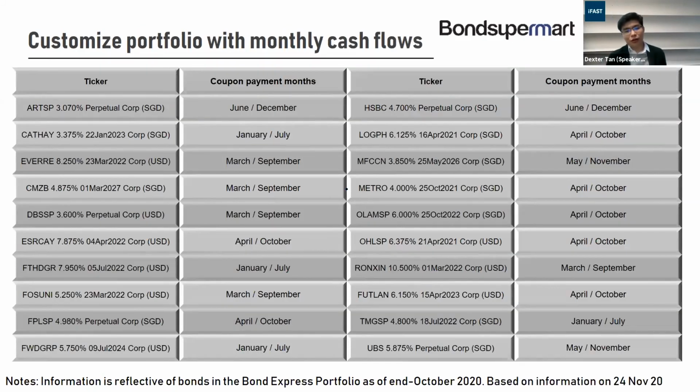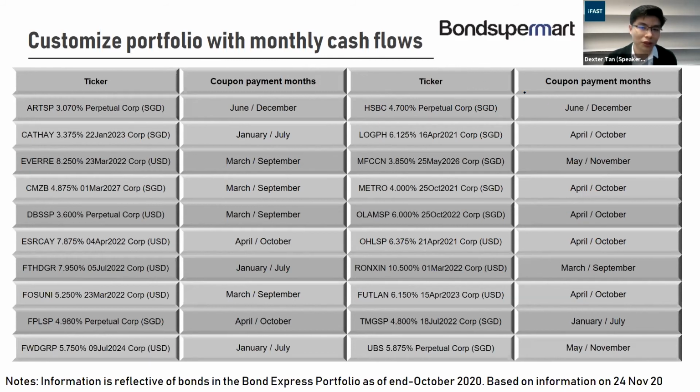Just now, if you recall, I mentioned that you can customize your own portfolio and create a portfolio that pays out more in certain months. This is, of course, depending on your own cash flow requirements. So I've listed down the coupon payment months of each of the individual bonds in the Bond Express portfolio.